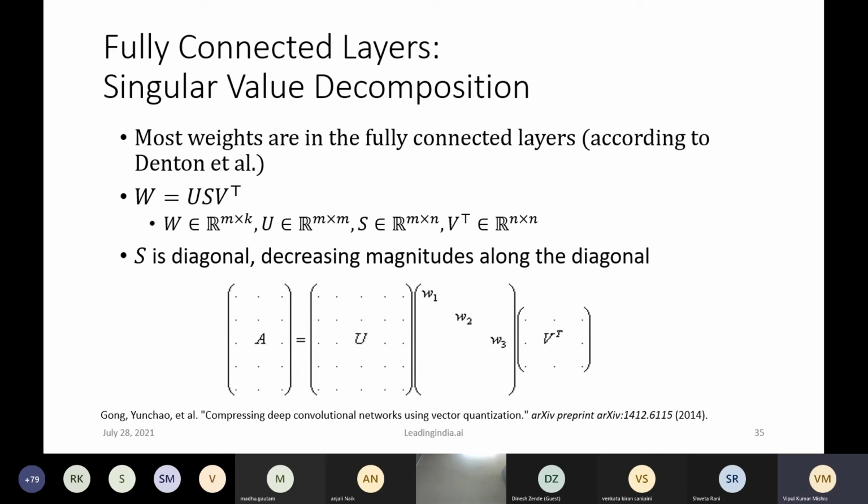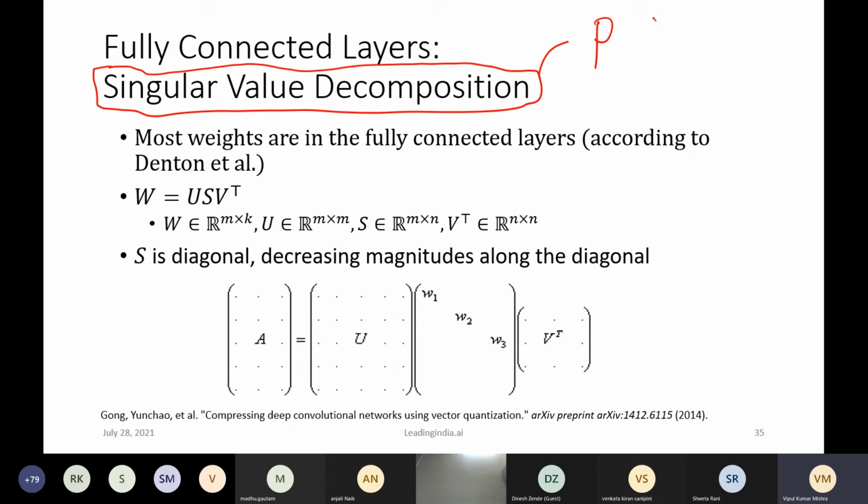This concept is the singular value decomposition. I hope we have seen singular value decomposition when we talked about PCA, principal component analysis, where we also utilize it. So what exactly is the singular value decomposition doing? That we need to understand.